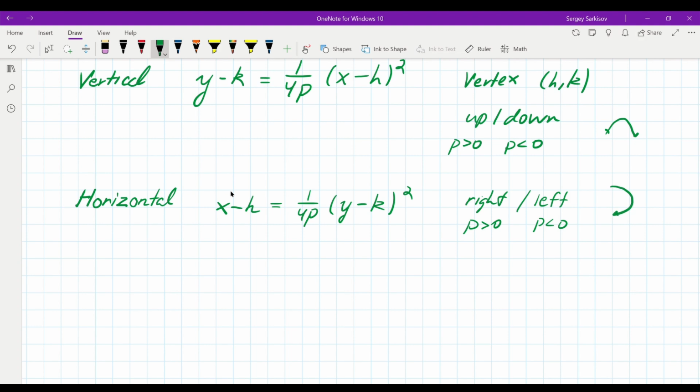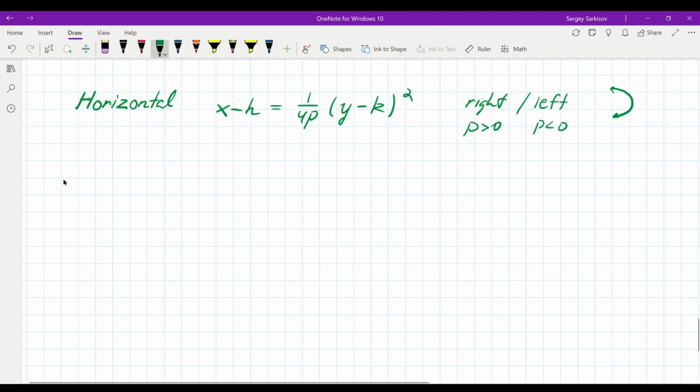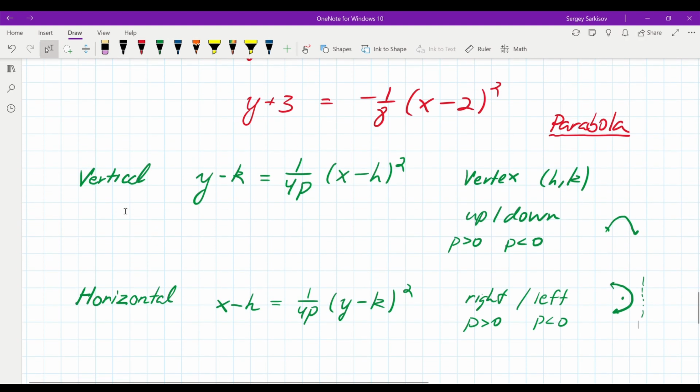But parabola, remember? And one thing I want to mention, what is p? P is related to the focus and the directrix. You guys may have forgotten what focus and directrix are. Focus is the point it's focused around: if you have parallel rays coming at a parabolic mirror, they'll reflect and be focused in that spot.